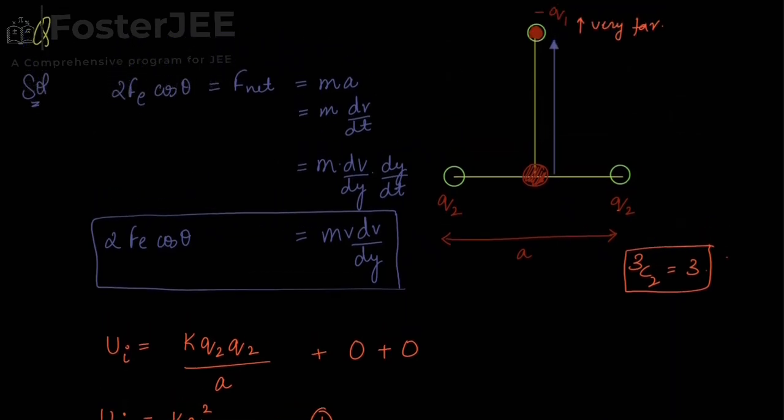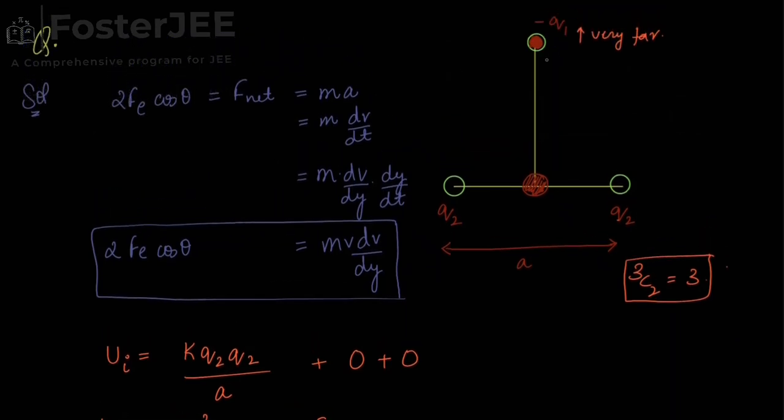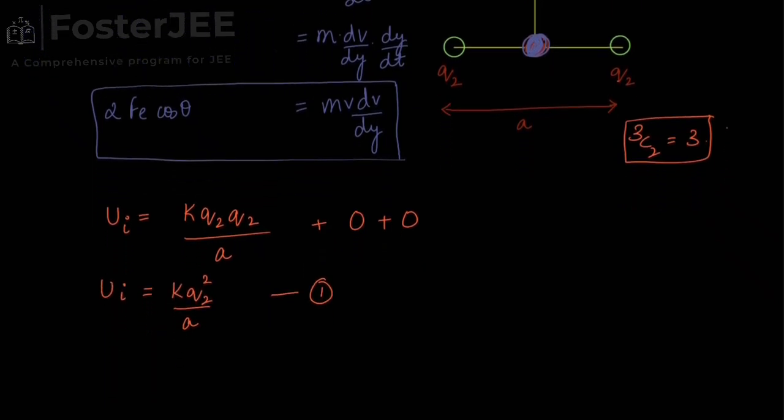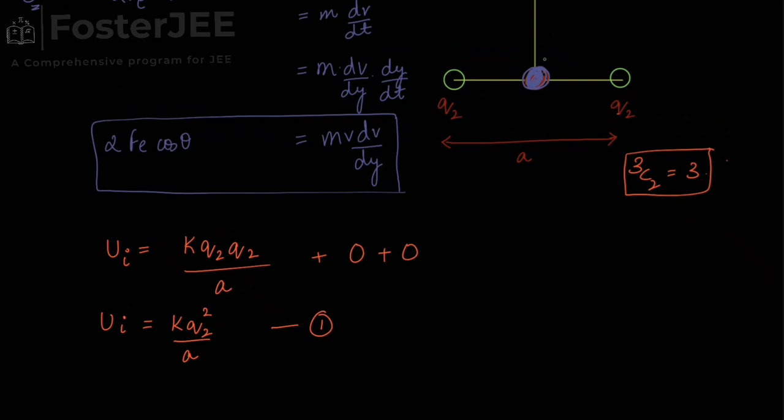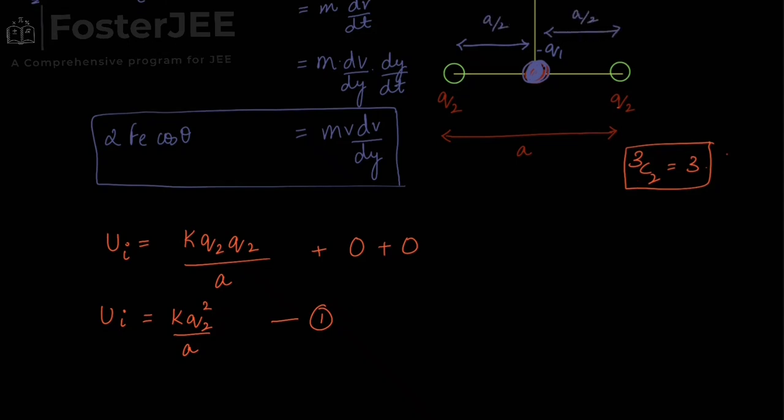Now finally, when the charge comes at this place, we can see now the distance between minus Q1 and Q2 is A by 2, and this distance is also A by 2.